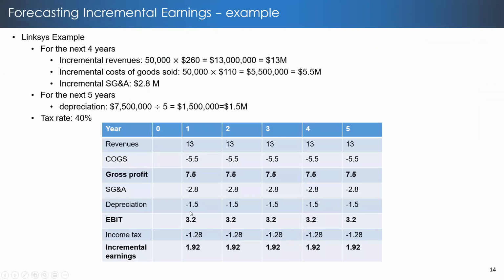Remember, we deduct depreciation before we calculate tax, so a higher depreciation in the beginning can give you a smaller tax payment in the beginning. And based on the time value of money rule, if we have a higher cash flow in the front, we're gonna have a higher time value of money. So this is how depreciation works.